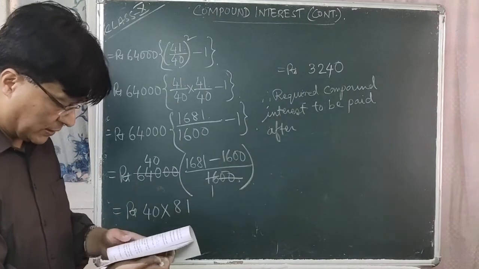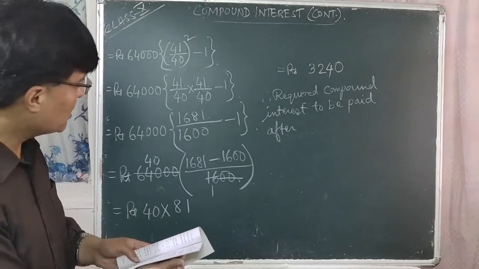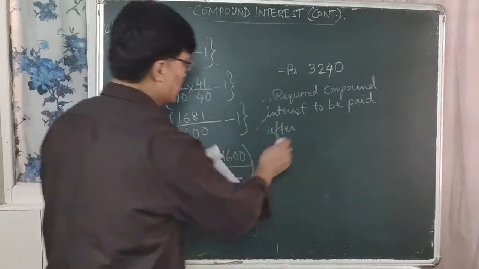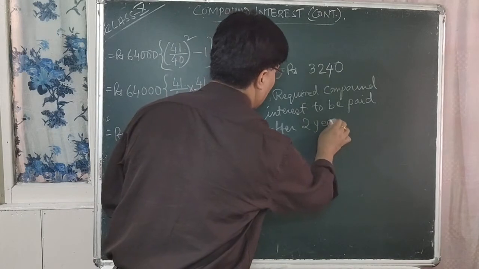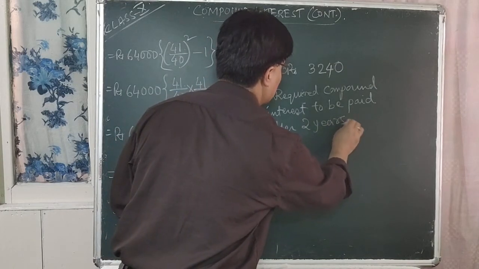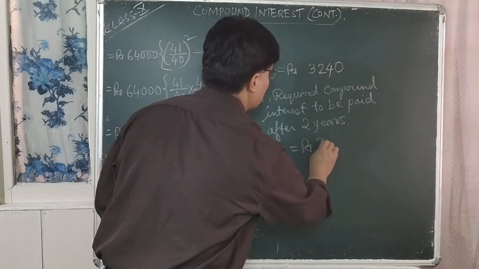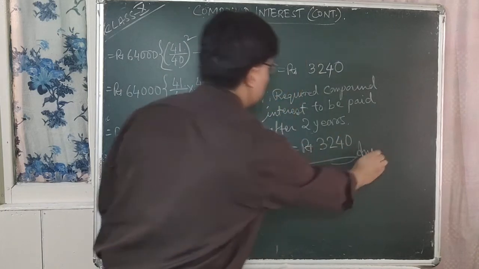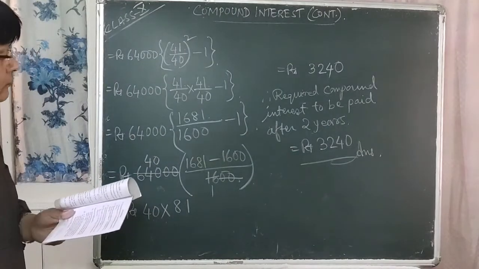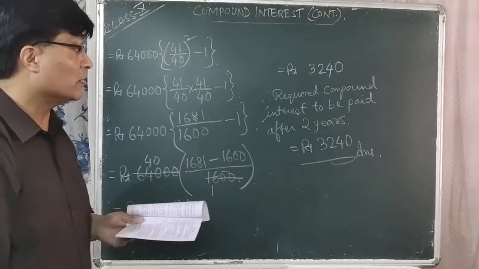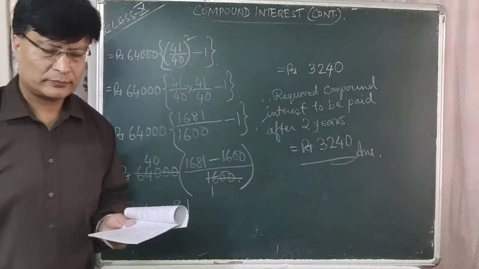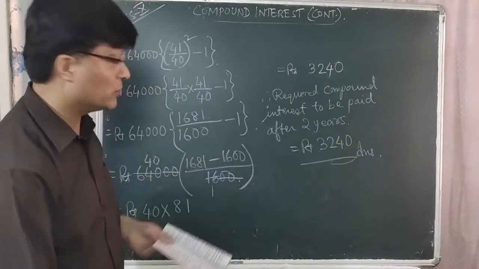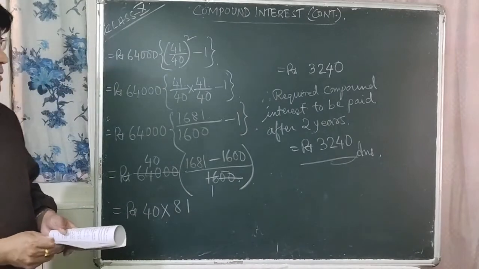After 2 years, right. So that is compound interest payable after 2 years. Required compound interest to be paid after 2 years is equal to rupees 3240. So this is the final answer. So this is the compound interest, that is rupees 3,240 should be paid after 2 years. So I think I've understood it.